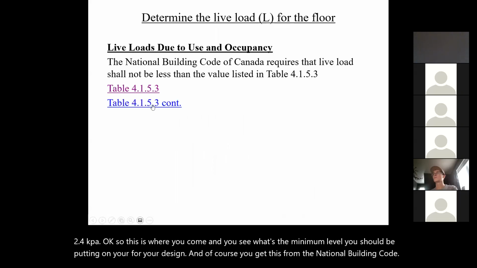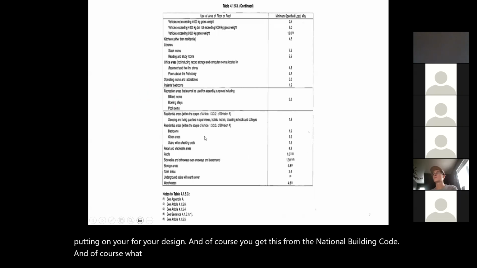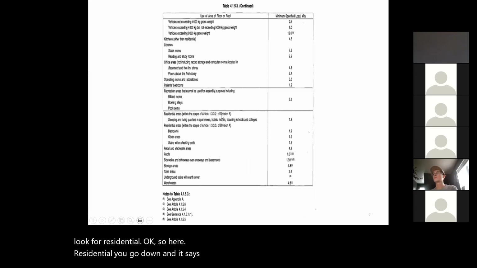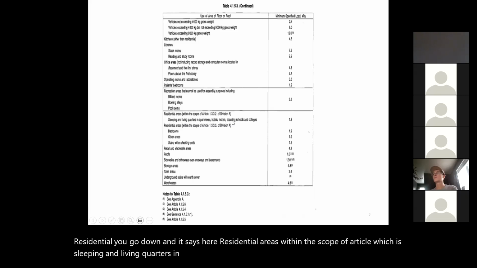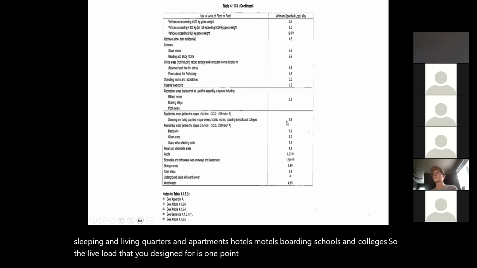What we're going to do is look for residential. Here it says residential areas within the scope of the article, which is sleeping and living quarters in apartments, hotels, motels, boarding schools, and colleges. So the live load that you design for is 1.9 kPa. In my days, that used to be 40 pounds per square foot.